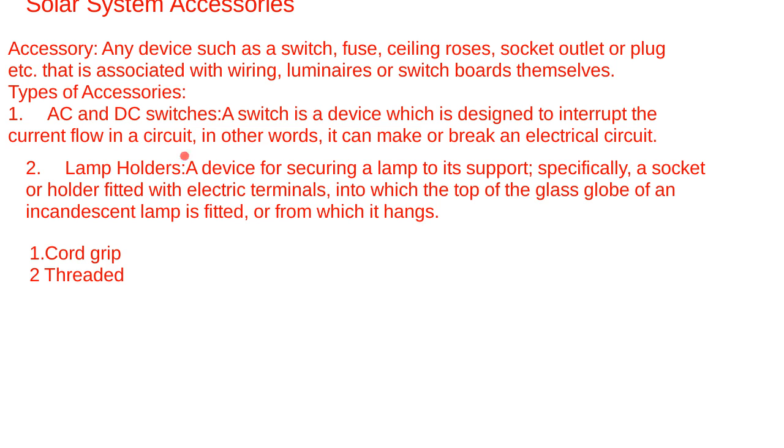So for this one, it's where the lamp has a threaded component. You have seen those bulbs that they have threads. So you screw them into the holder. So this threaded type is where the lamp holder has a threaded component, which is used to mount it on its support. And they are common in table standard lights where the lamp holder is fixed to the base or the stem of the lamp, and also in the conduit applications.